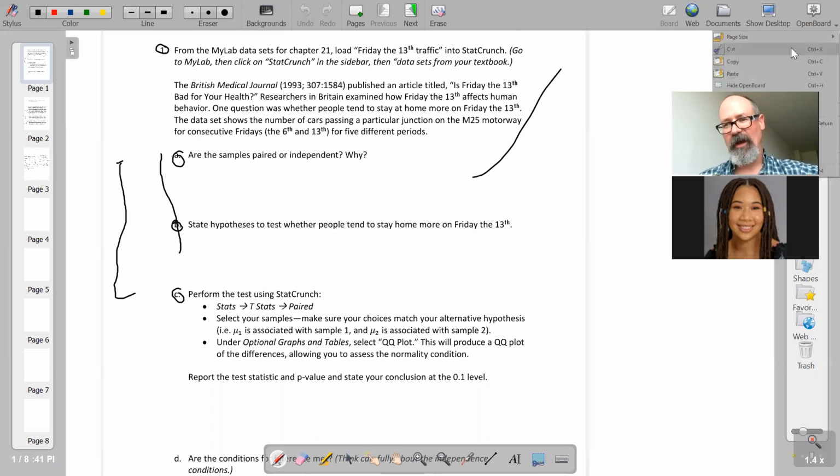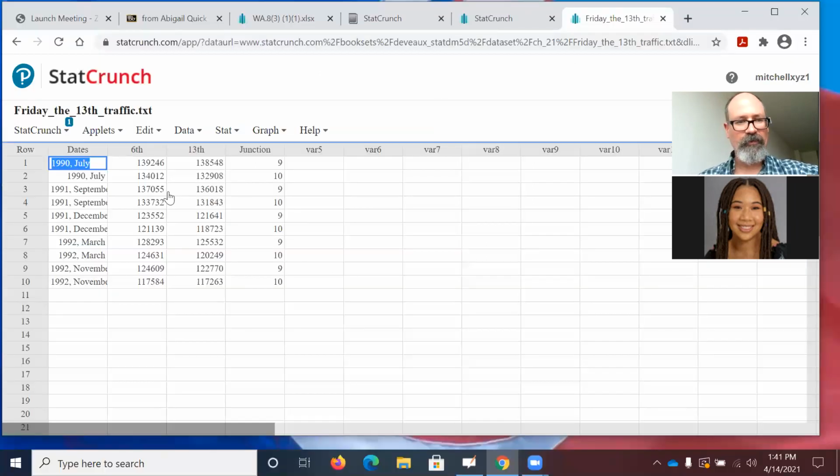So let's see what it is that we actually have. In July, you have that versus that, you have that versus that at two different junctions. So you have junction 9, junction 10, junction 9, junction 10, repeated, consistently. And then you have the data for Friday the 6th. That's a count of cars passing through a junction at a particular time. Same thing for Friday the 13th, the next Friday.